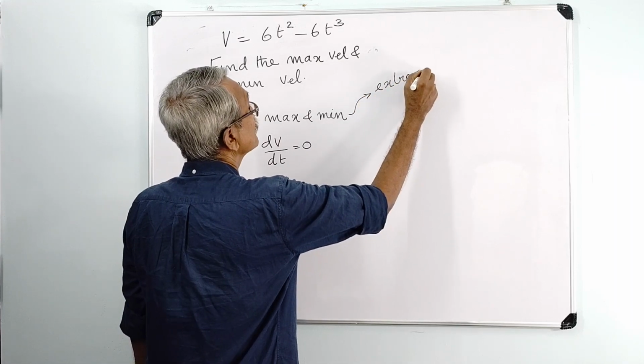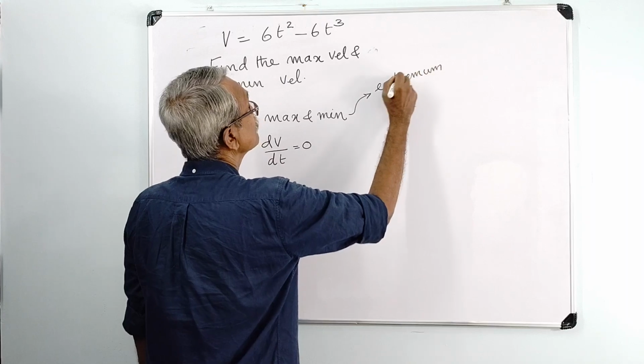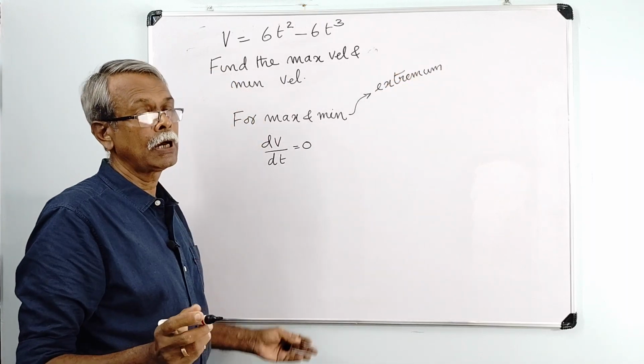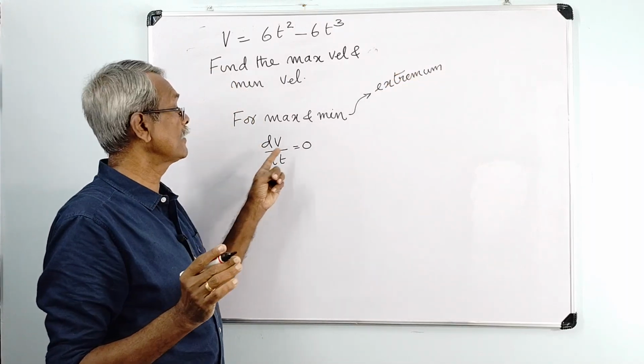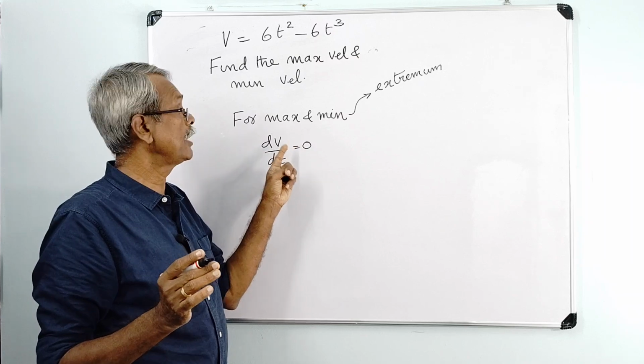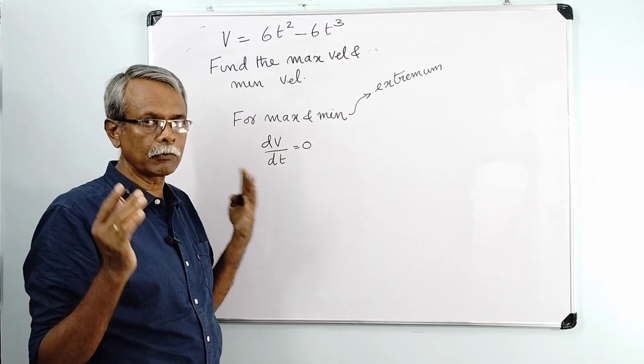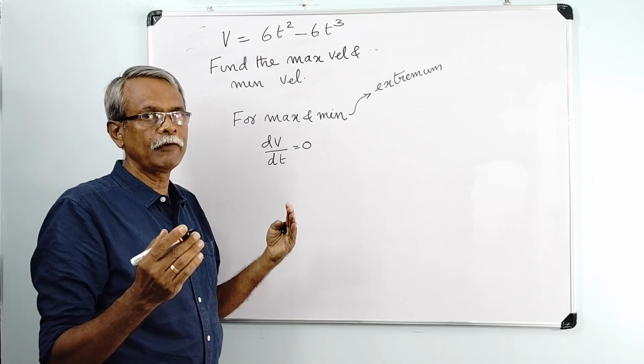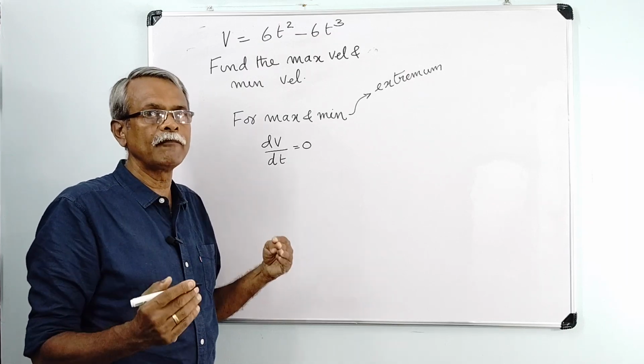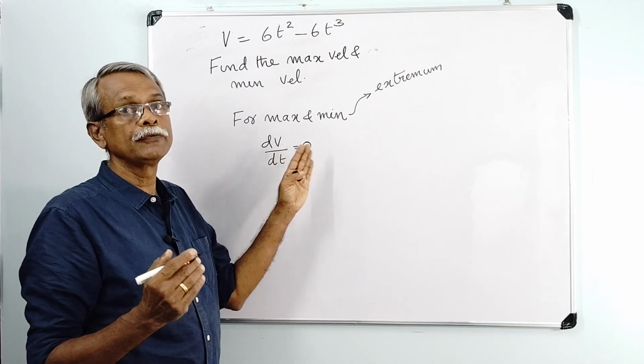This is the term used for both maxima and minima. And at extremum points, acceleration will be 0 because dv by dt is equal to 0. That is a very important point you have to remember. At maximum velocity and at minimum velocity, acceleration will be 0.